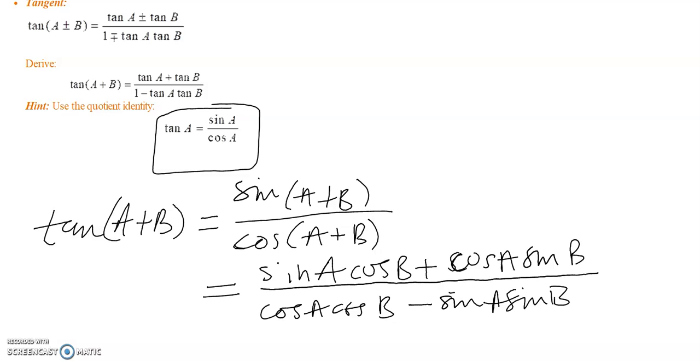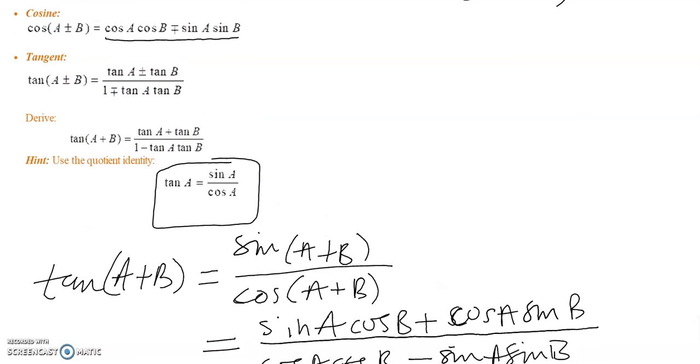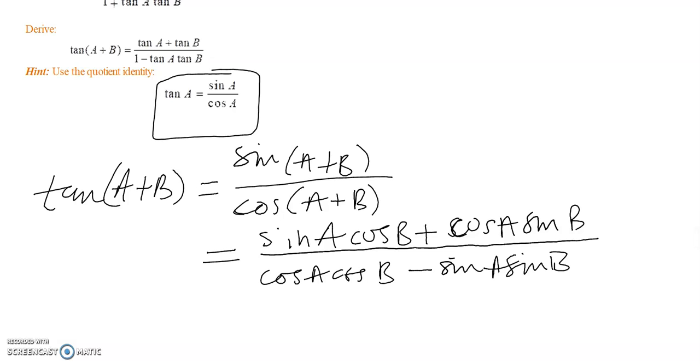How can I get one into this proof right now? I can choose to divide cos A cos B by cos A cos B. And once I divide one term by cos A cos B, I have to divide the entire rational expression by cos A cos B. And hopefully that's going to get us to where we're looking to go.